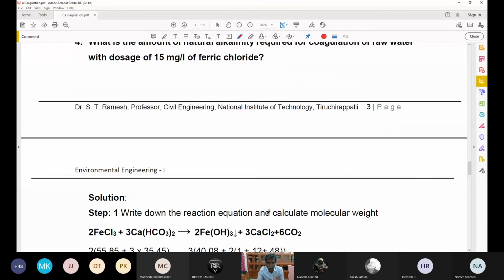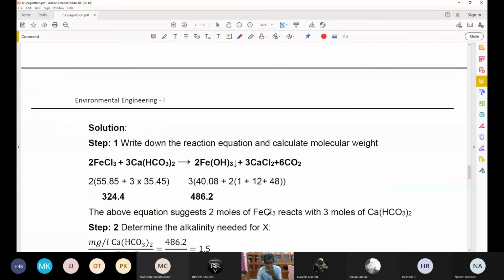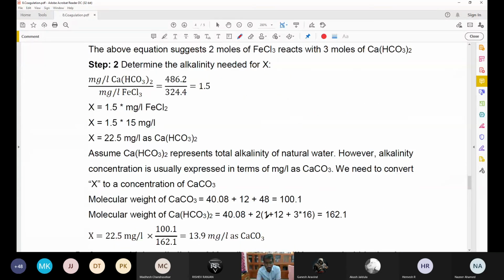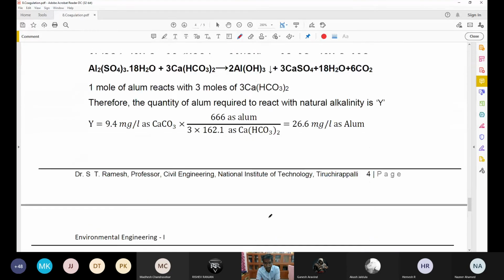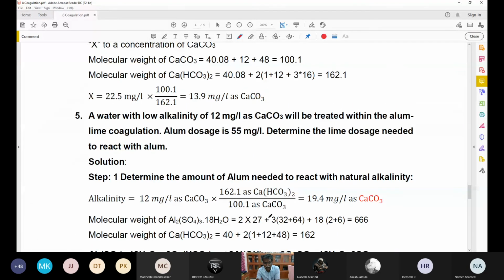And other 3 problems are of your concern. I'll update this in the Dropbox, have a glance at how to calculate other dosages as well, and 2-3 problems of other nature with iron salts. Is it fine? Yes, sir. Let me stop here, and at least today you have a glance at these 2-3 problems of ferric salts as well.